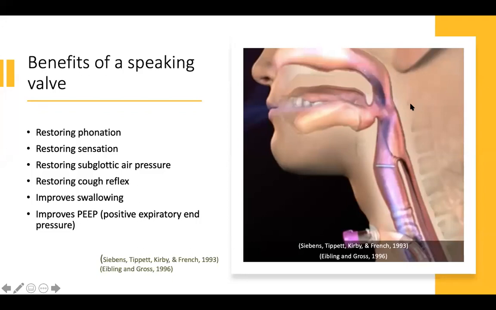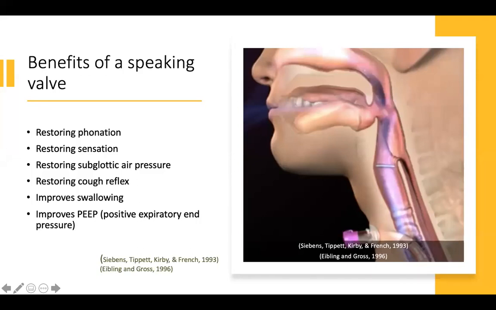It also improves respiration and breathing. It helps improve their lungs in a way, not 100%, but it improves or restores PEEP. So what is PEEP? PEEP is positive end-expiratory pressure, which is basically the pressure that keeps our alveoli in our lungs open. Usually PEEP is created in the glottis and in different structures in the upper airway.